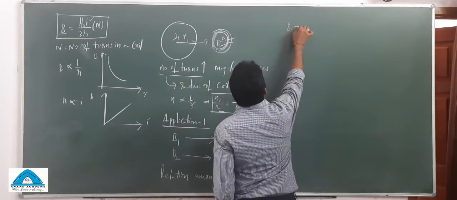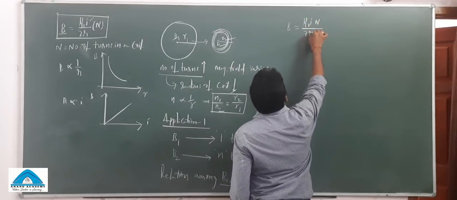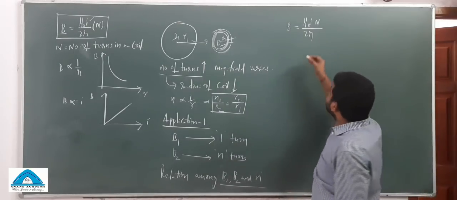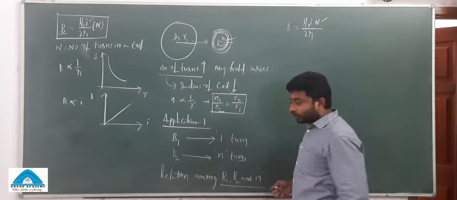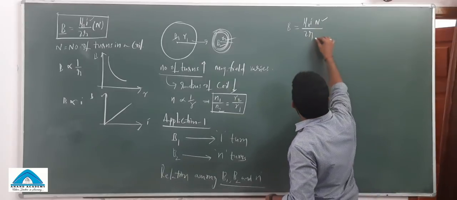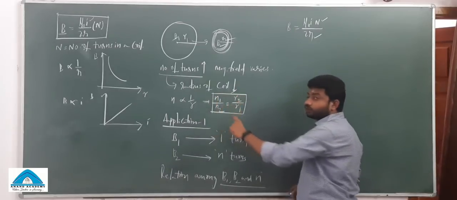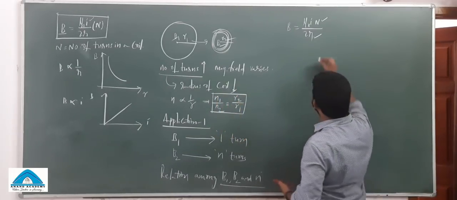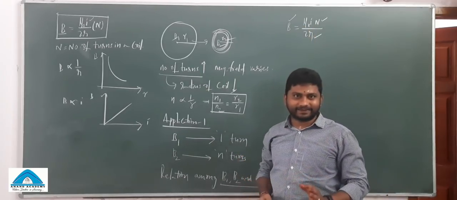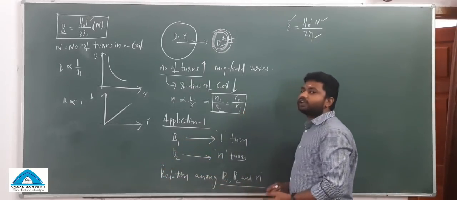B is equal to mu naught I N divided by 2R. What are the variables here? N is a variable because the number of turns is initially 1, and in the second case it is N. R is also a variable. When the number of turns changes, the radius of the coil also changes, and when these two change, the magnetic field automatically changes. So in the initial case the magnetic field is B1, and in the final case it is B2.